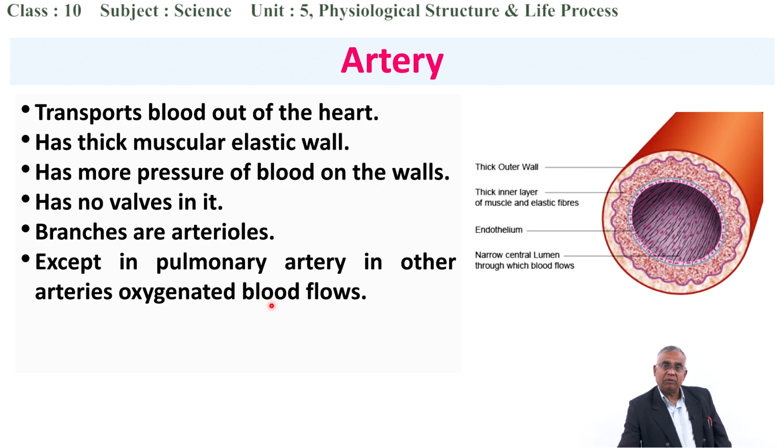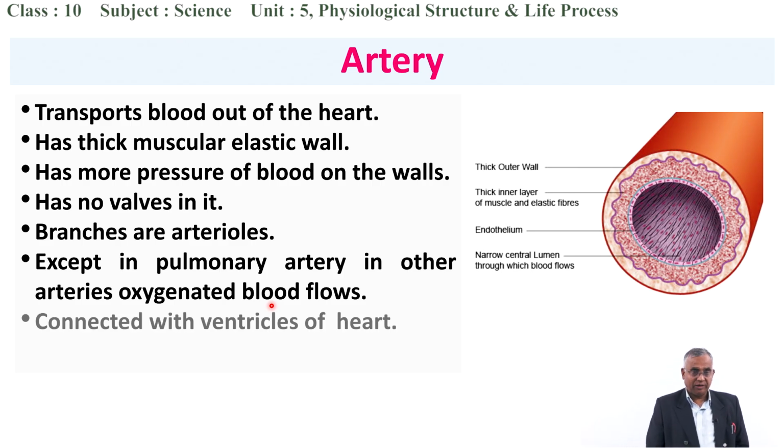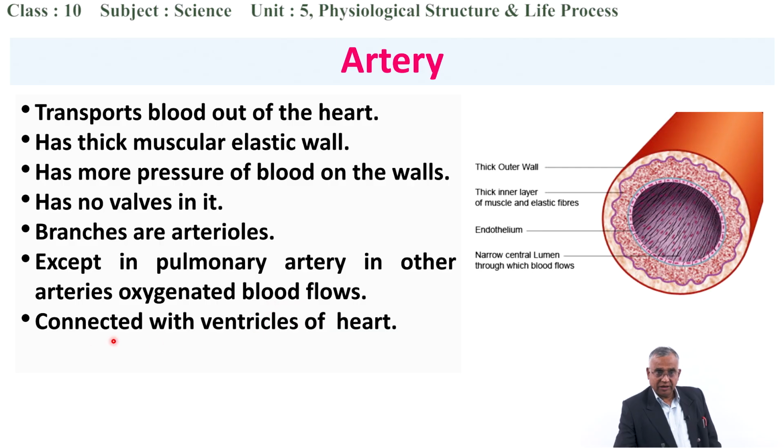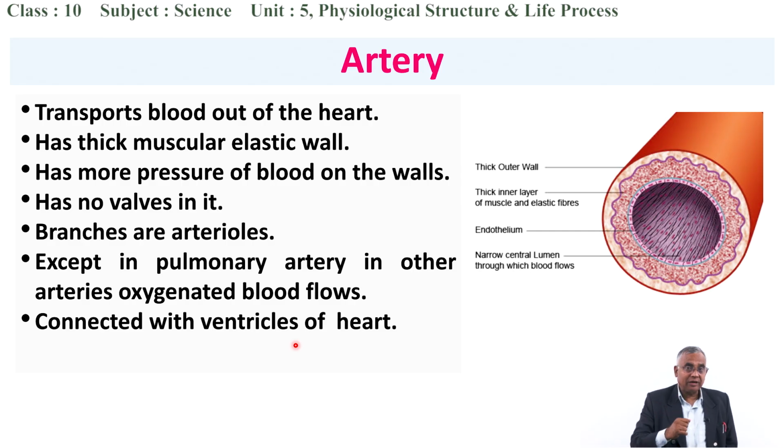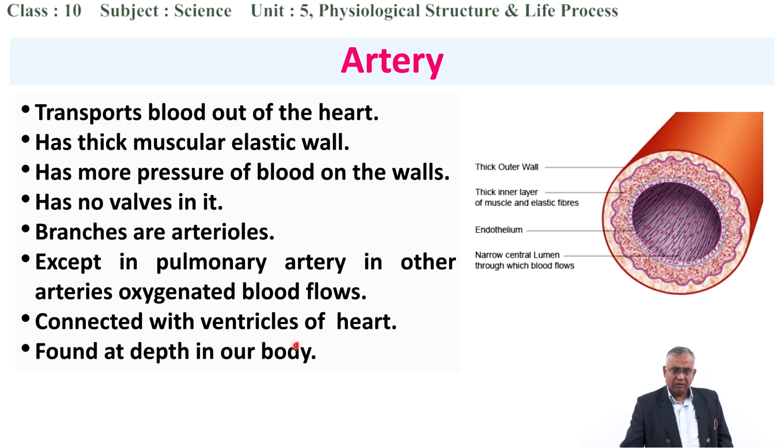And it is connected with ventricles of the heart. Pulmonary artery is connected with right ventricle. Aorta is connected with left ventricle. I told you that auricles have veins and ventricles have arteries. So recall them. Next one, they are deep-seated.